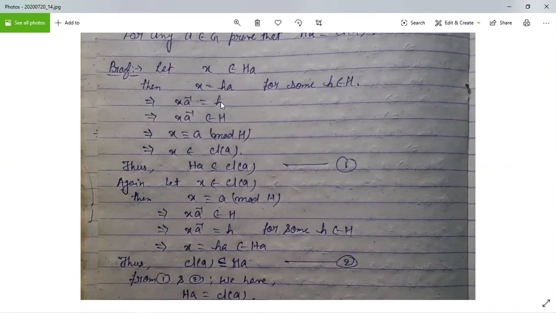By multiplying both sides with A inverse, we get X A inverse equals h.